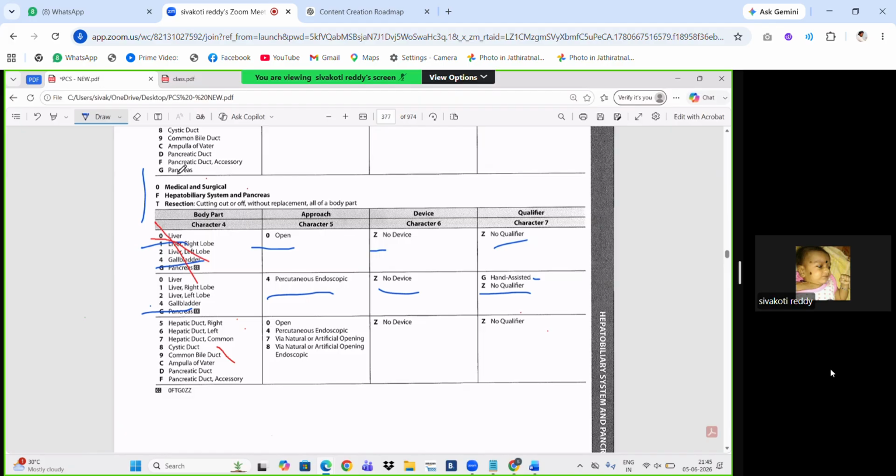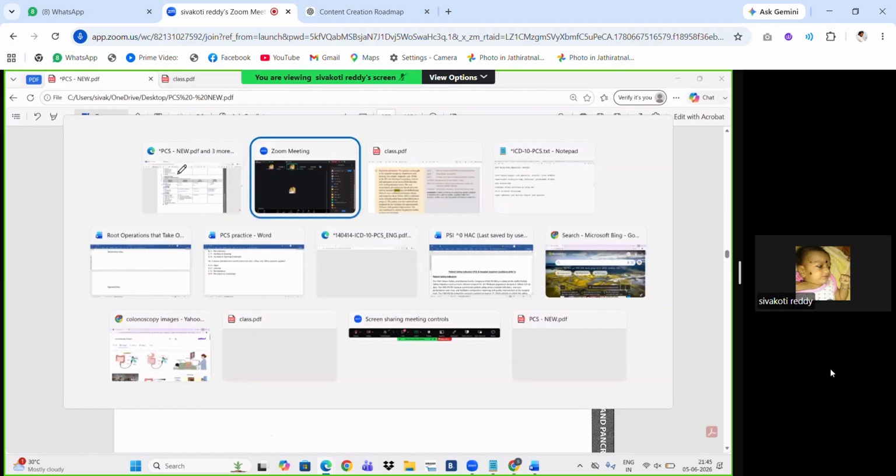ICD-10-CM is the main one, more than CPT and PCS. Whoever understands ICD-10-CM can easily pass. In CPT and PCS you will hardly get 5 to 10 codes in the exam. You can write them in the paper also easily, but ICD-10-CM is main. That includes the sequencing rules, everything.